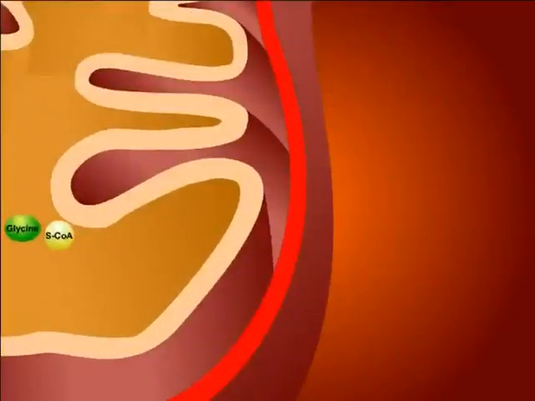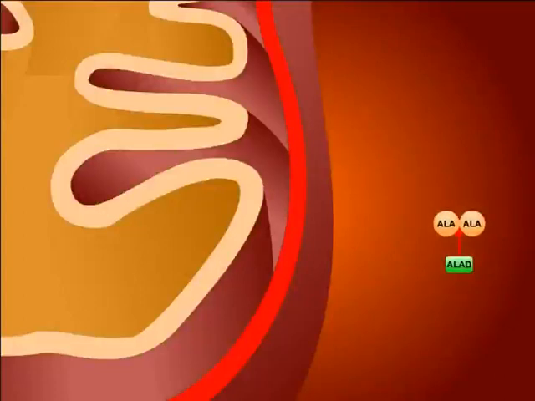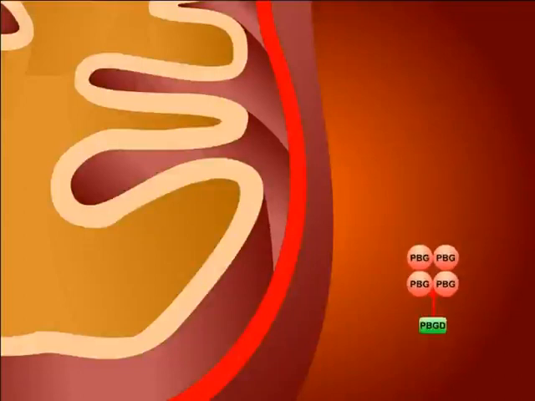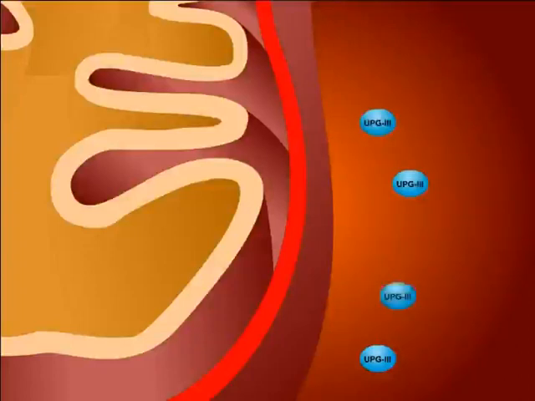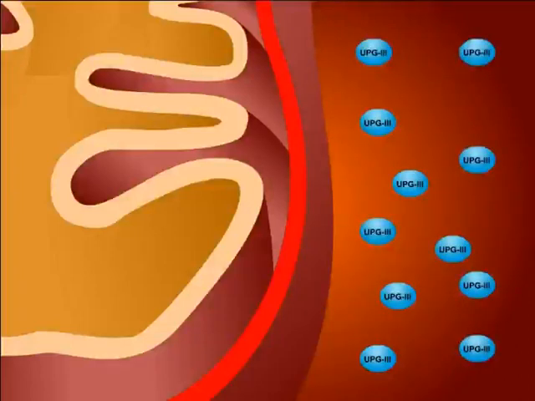Again, heme synthesis proceeds normally until a deficiency of uroporphyrinogen 3 decarboxylase prevents the conversion of uroporphyrinogen 3 to coproporphyrinogen 3.